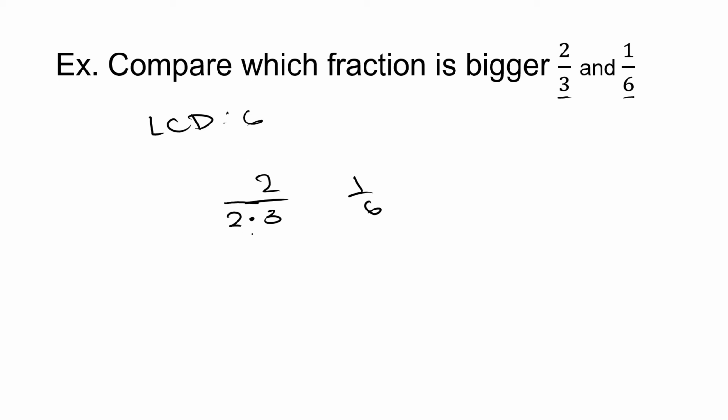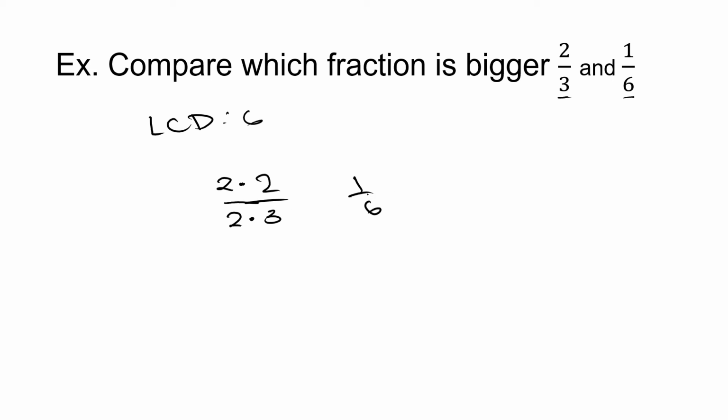However, since we're multiplying the bottom with 2, we also need to multiply the top with 2. Why is that? Well, if you multiply both the numerator and the denominator with the same number, you're just multiplying them by 1. Again, remember from our fraction review that 2/2 is basically 1. This is a fancy 1.